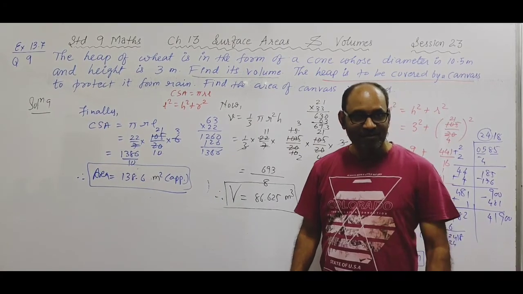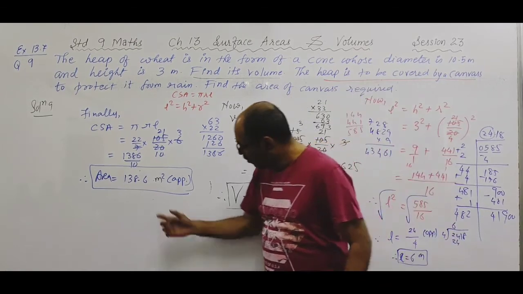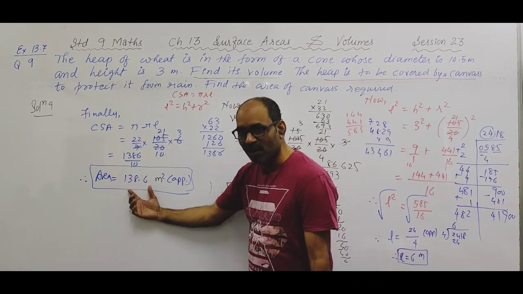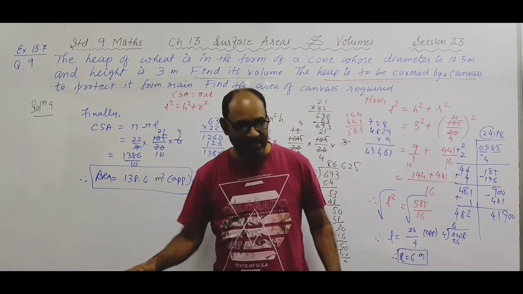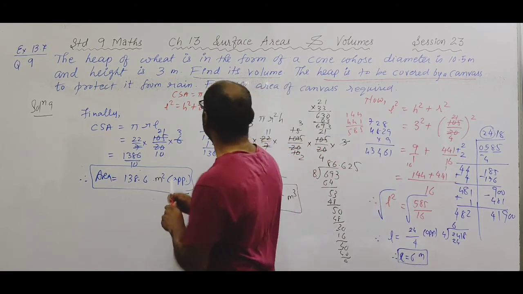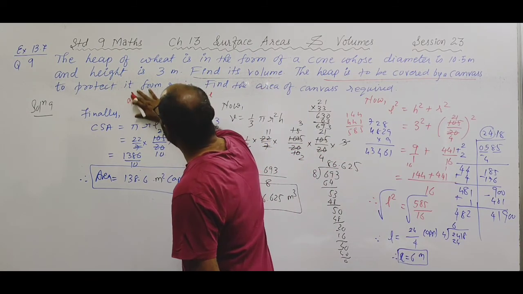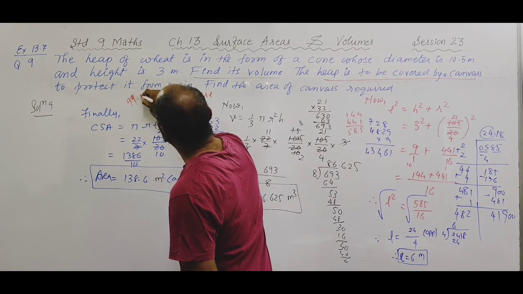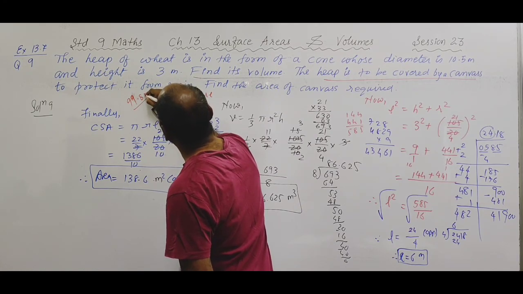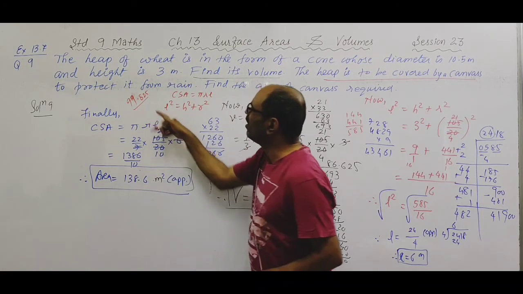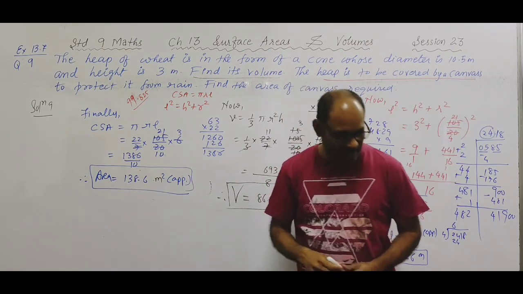All right, children. Yes, one of the students informs me the answer is not matching. It won't match exactly, but he says the answer is 99.825. So that is a big difference. So we have made some error.